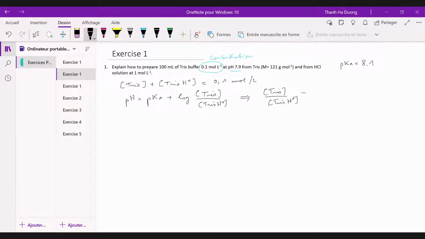So the ratio between Tris and Tris H+ is 10 to the power pH minus pKa.